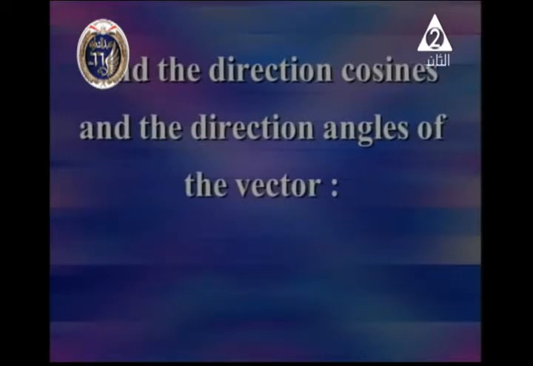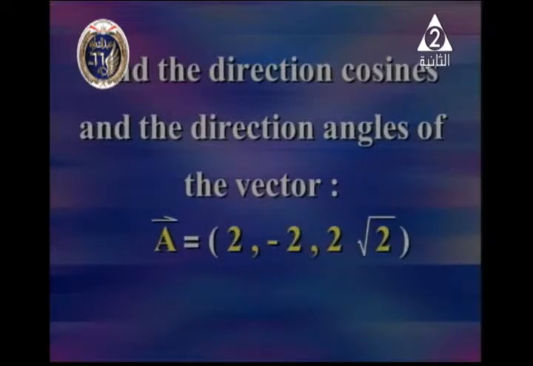Find the direction cosines and direction angles of the vector A = (2, -2, 2√2). Remember, dear students, what is required? The direction cosines and direction angles. The direction cosines are cosine theta x, cosine theta y, cosine theta z.